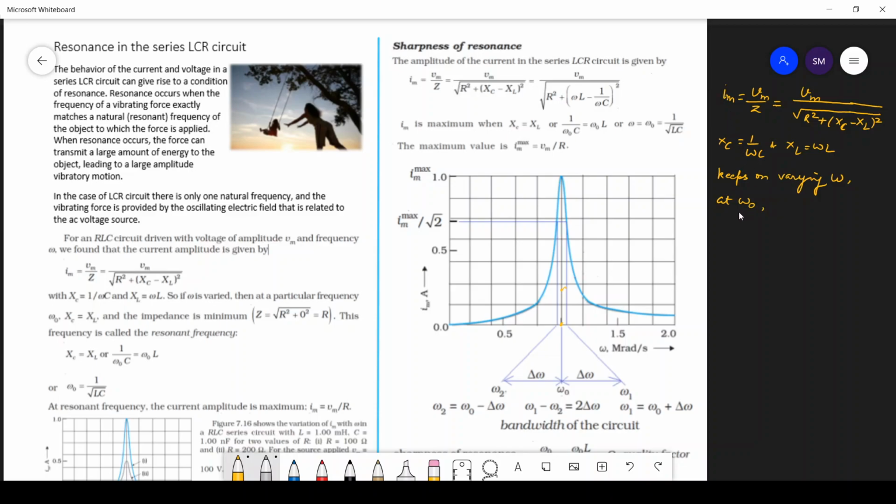So there is a certain frequency, resonant frequency omega naught, where Xc is equal to XL, or you can say 1 upon omega naught C, which is the resonant frequency, is equal to omega naught L, and we want to find out the value of omega naught.